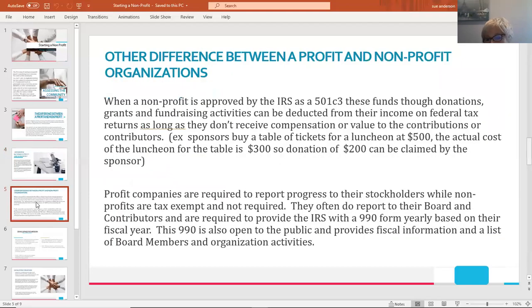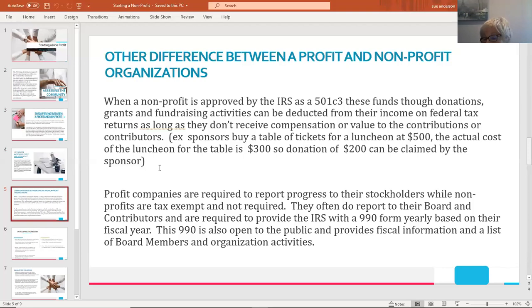Other differences, I want to talk a little bit about how things are looked at from a funding standpoint. A nonprofit will apply for a 501c3 or 501c6, which means that anybody who gives a contribution or a donation to that nonprofit can count that as tax exempt on their individual company or personal tax forms.